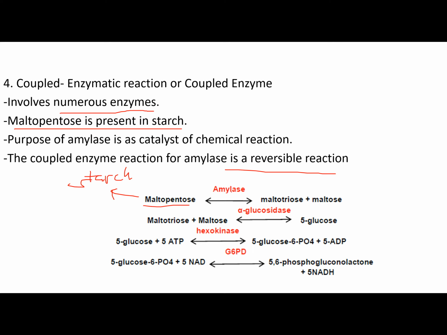Now, upon exposure to amylase, yung maltopentose na nasa starch would be converted to maltotriose plus maltose. Now, maltotriose plus maltose with the enzyme alpha-glucosidase would be converted into glucose. Glucose plus ATP with the help of the enzyme hexokinase would be converted to glucose-6-phosphate plus ADP, and glucose-6-phosphate plus NADP would be converted by G6PD to 6-phosphogluconolactone plus NADH.